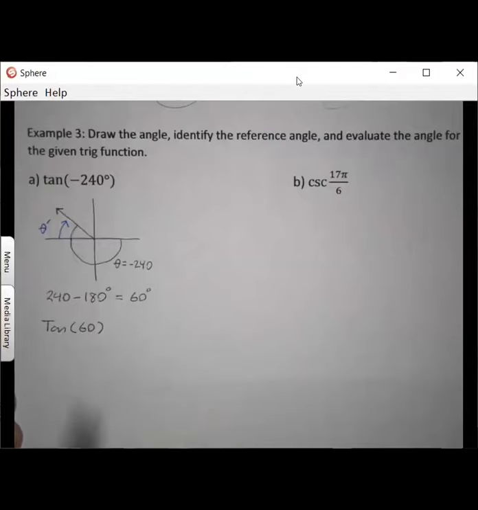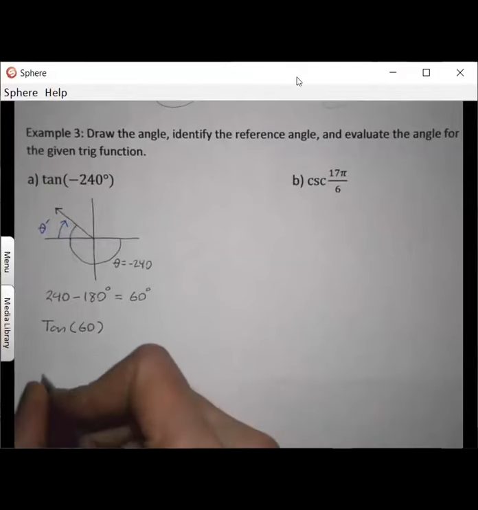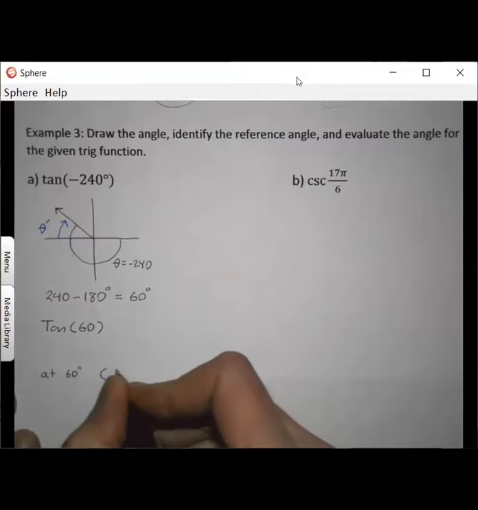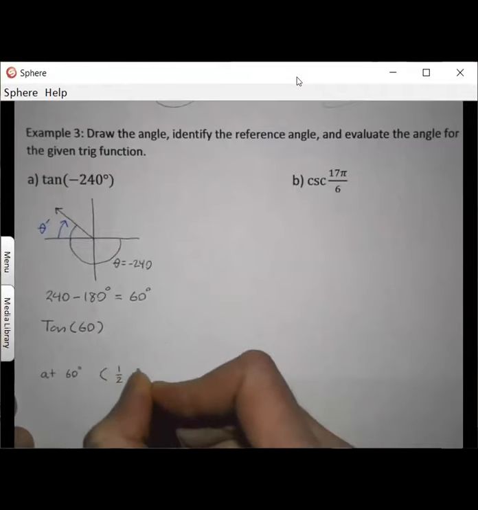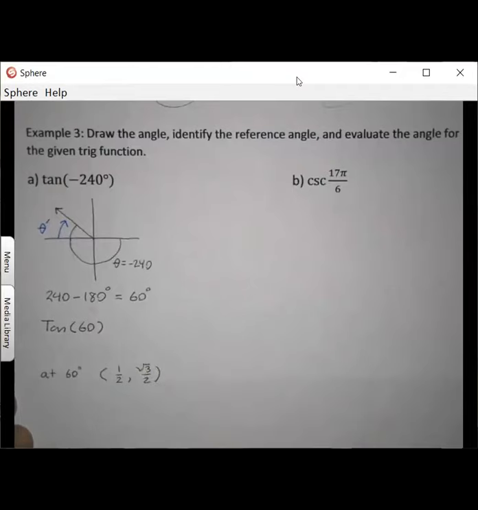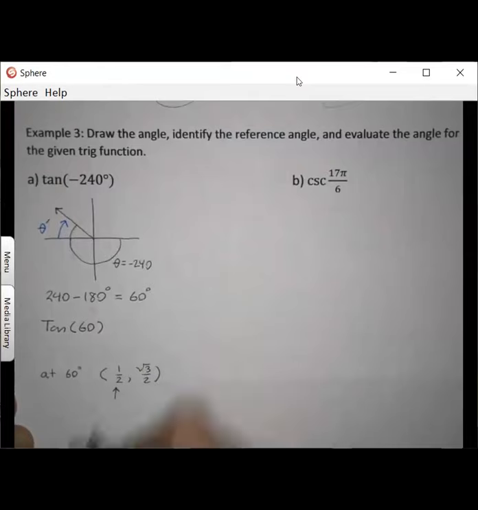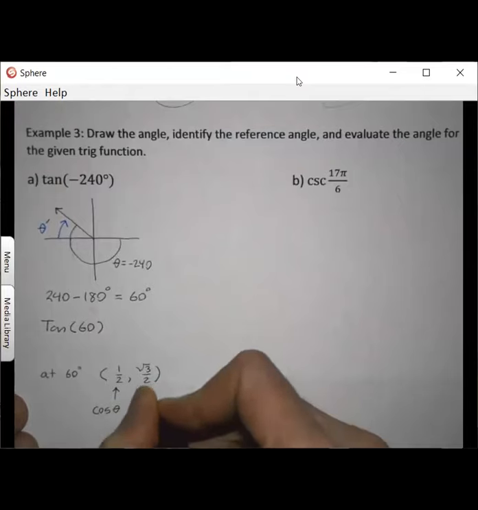So on our unit circle at 60 degrees is the point 1/2 and root 3 over 2. And then remember, that is cosine, and that is sine.